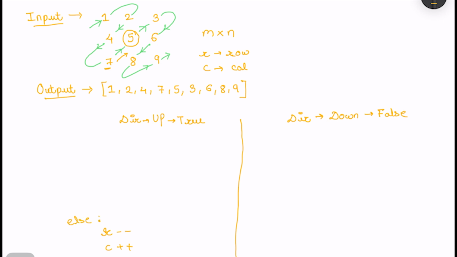Now if I'm at 1, where my row is 0, and I have to change the direction and go to another cell, that is 2, how will I do it? I'll increment the column and change my direction to false, that is downward. So this is my one condition.